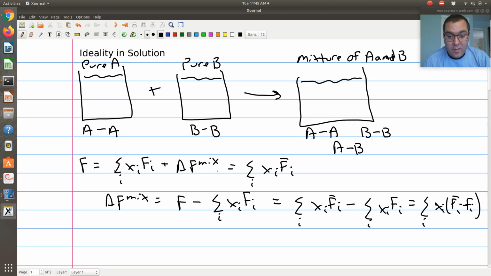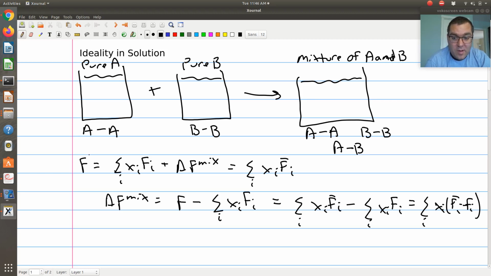I haven't written the functional dependencies, but remember, when I think about property changes upon mixing, I'm taking two systems, or it could be more than two systems. In this binary case, I'm taking two systems at the same temperature and pressure and mixing them to form a final mixture at the same temperature and pressure. So this would be f at T, P, and x_i.